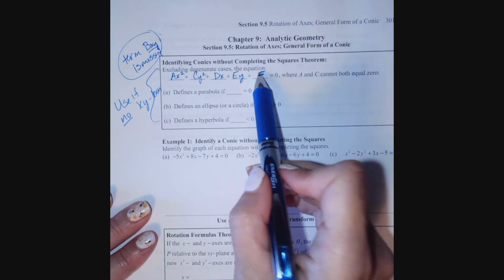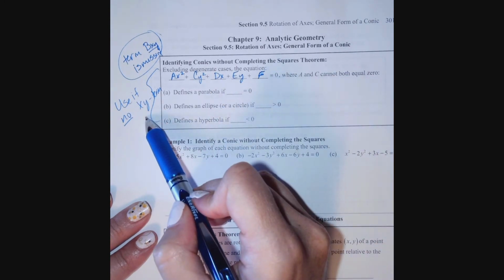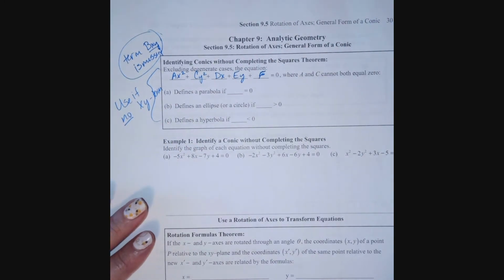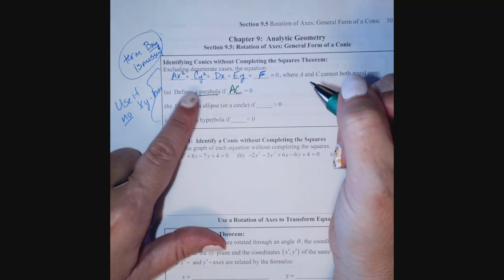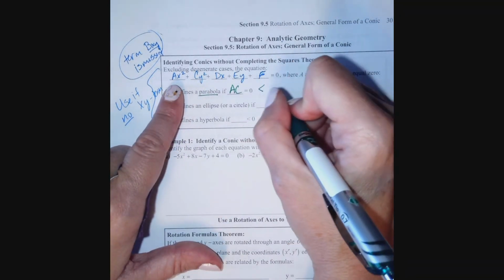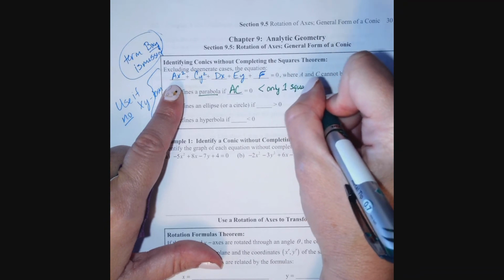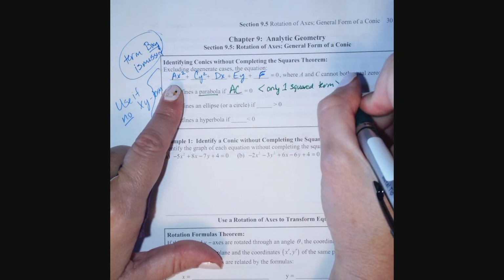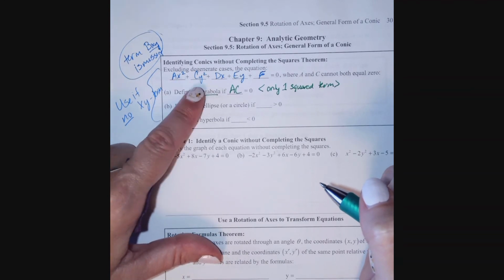If I have an equation that is in this form, without that xy term, then I know I have a parabola if a times c is 0. Because if a times c is 0, that means I have only one squared term. And that's the case for the equation of a parabola. You have only x squared or you have only y squared.